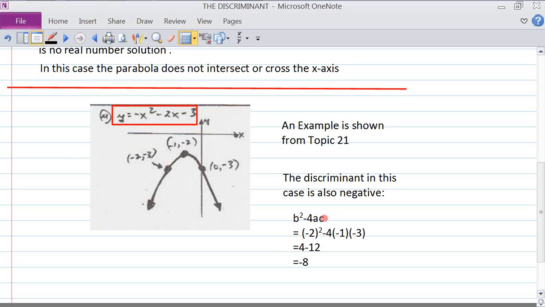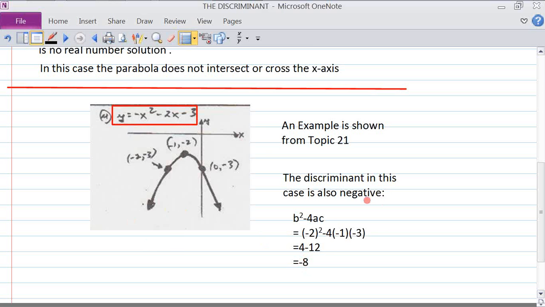So in this particular case, we get b is minus 2 squared minus 4ac, where a is the coefficient of this, which is -1, and c is -3. You can see that this is 4 minus 12. -3 times -1 is +3. 4 times 3 is 12. We get -12. The discriminant is -8.